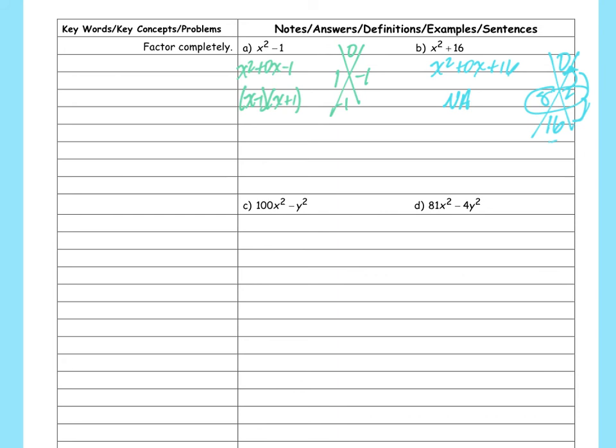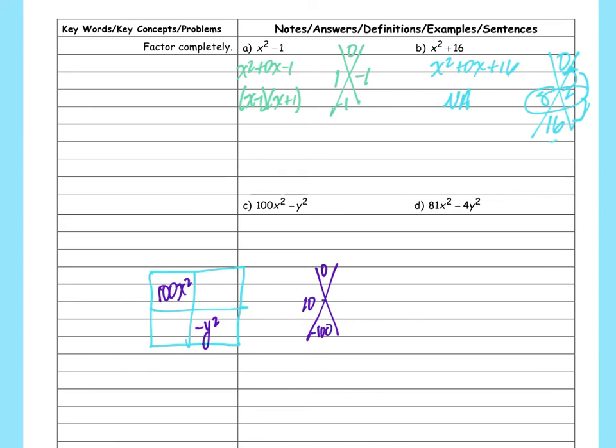So the letter C, okay. I've got my box here. I've got 100x squared minus y squared. And I need two numbers that add to be 0 and multiply to be negative 100.